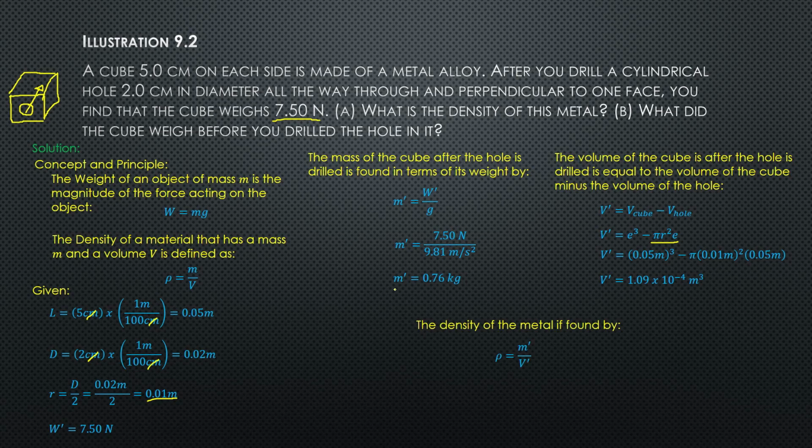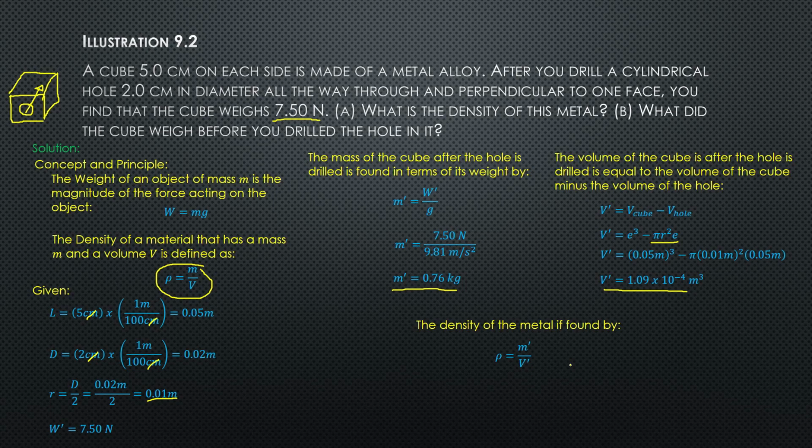Now the density of the metal is found by mass over volume from this equation. So mass of the material, or metal, which is with the hole, divided by the volume of the metal with the hole.